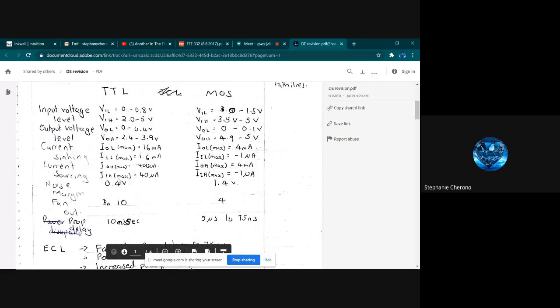For TTL I used only the standard TTL, and for MOS I did the CMOS one. So there's a noise margin that you can talk about, TTL being lower than the MOS one.